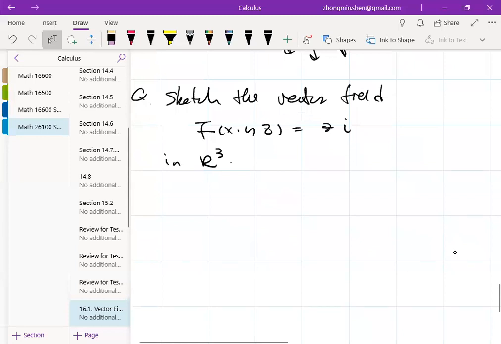So you will see that the length of F at the point x, y, z depends on a certain component. If we're getting higher and higher, then the length is again given by this first component. It's harder to draw.